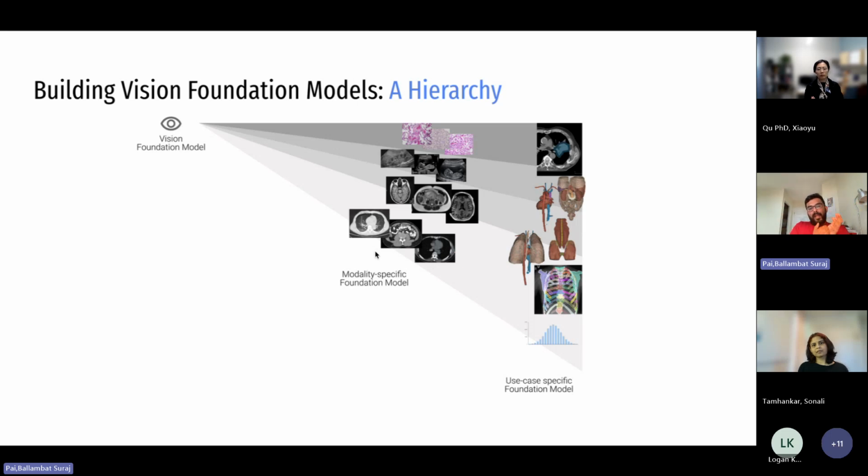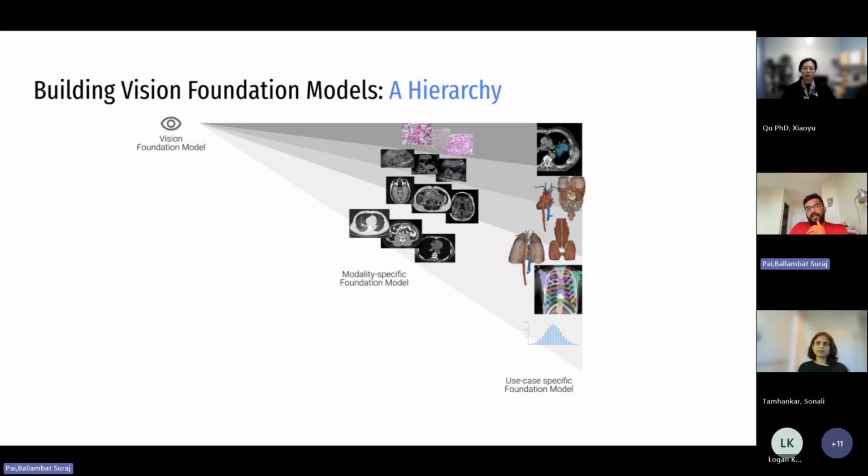And then beyond just modality specific foundation models, you could even go into foundation models that are more use case specific. If you're familiar with Segment Anything by Meta, I think that was one of the most popular use case specific foundation models, where you could pretty much segment anything on any of these natural image scans.